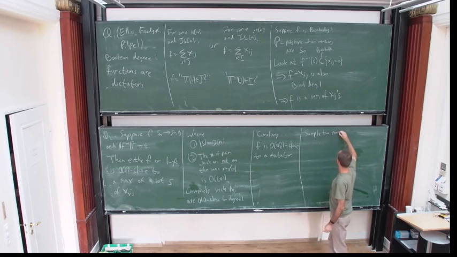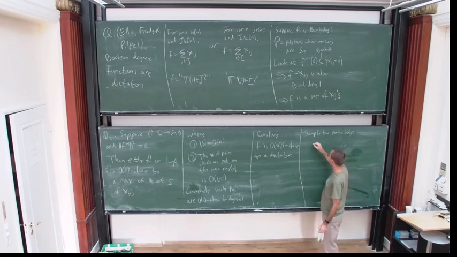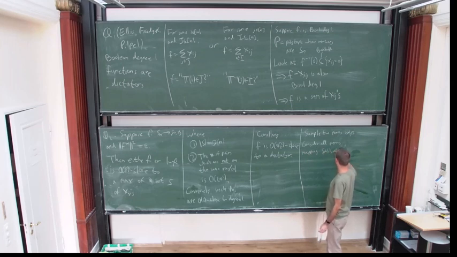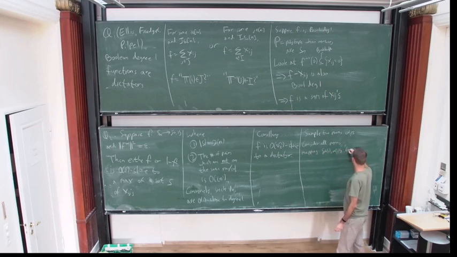We sample two permutations in Sn, alpha and beta, and now we consider the following set of permutations. This is going to be our copy of the Boolean cube. We look at all the permutations which map the set alpha 1, alpha 2 into the set beta 1, beta 2.